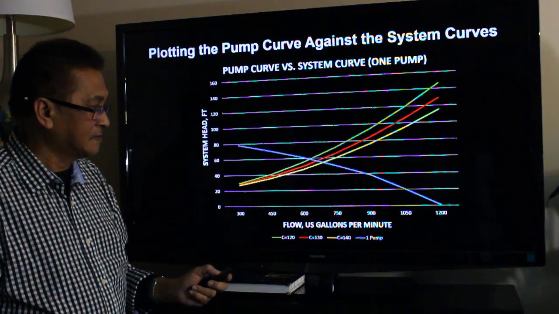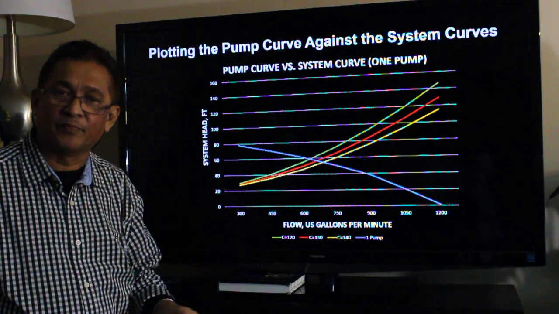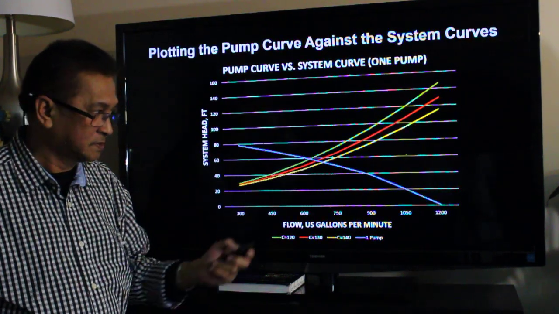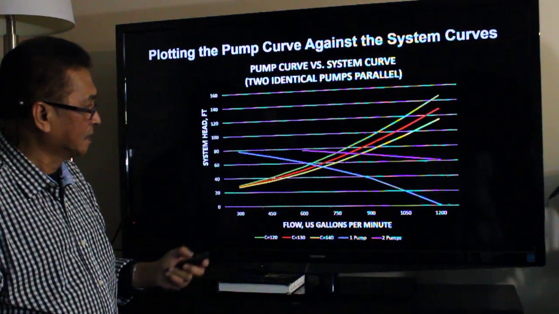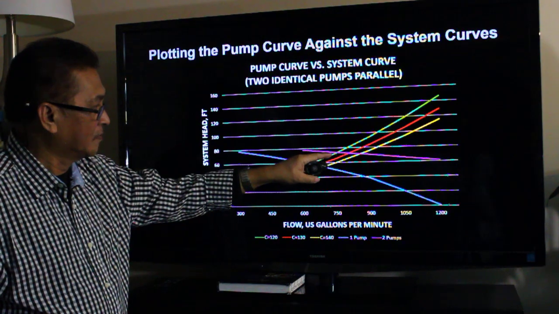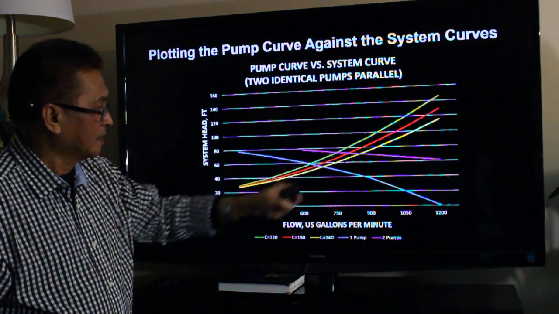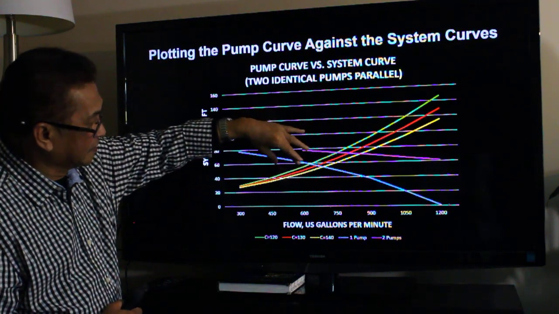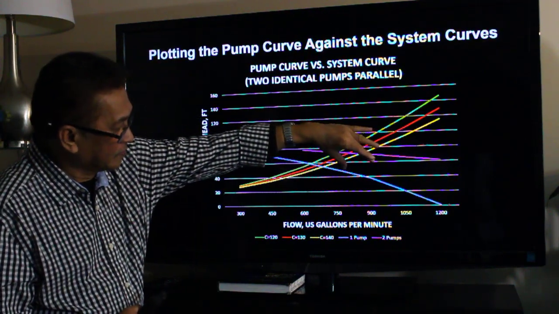And if the second pump will run together with the first pump, these are connected in parallel, so it will appear in a curve like this. With the two pumps running, connected in parallel, for the same head you just add the value of the flow.